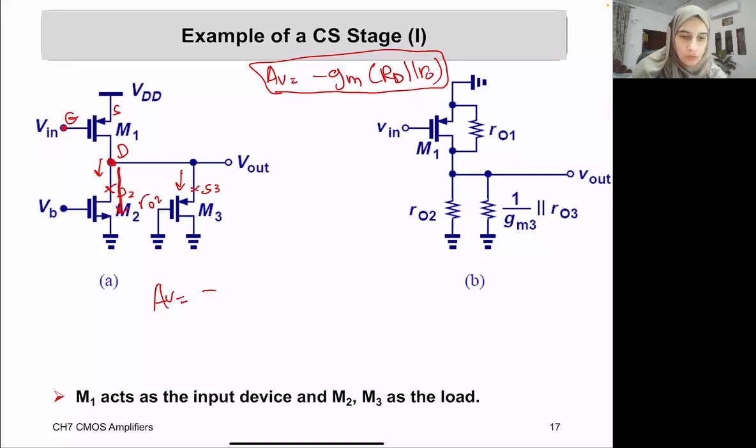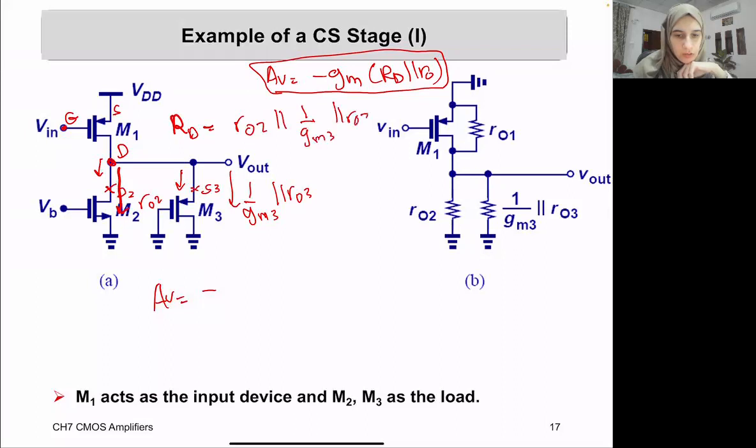And when I connect to the source side of a transistor, we are going to see 1 over GM3 in parallel with the R out 3. So my overall RD here is basically R out 2 in parallel with 1 over GM3 in parallel with the R out 3. Those two transistors, their equivalent resistors, appear in parallel with each other.